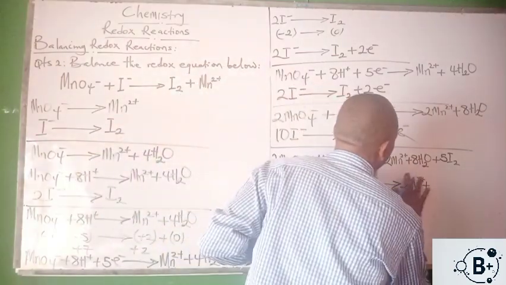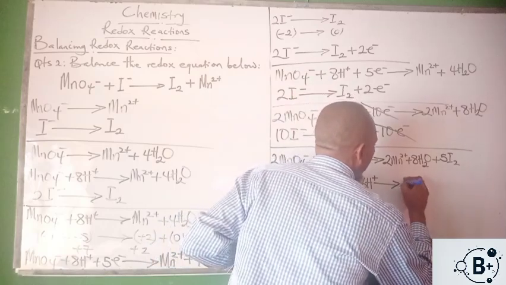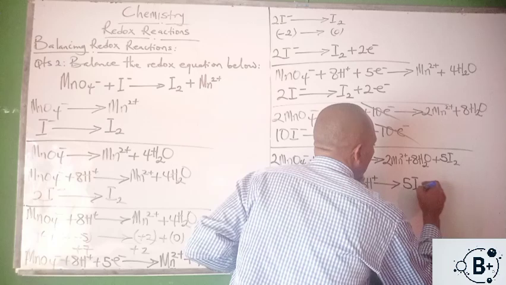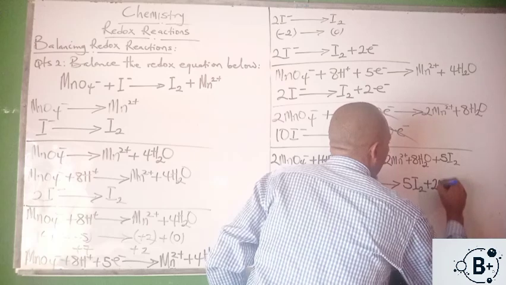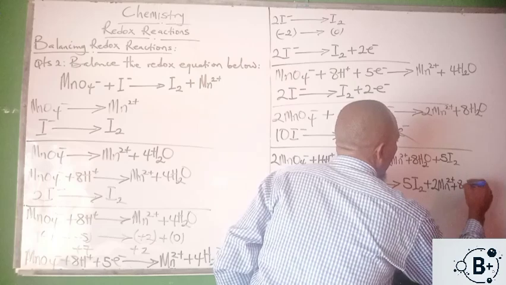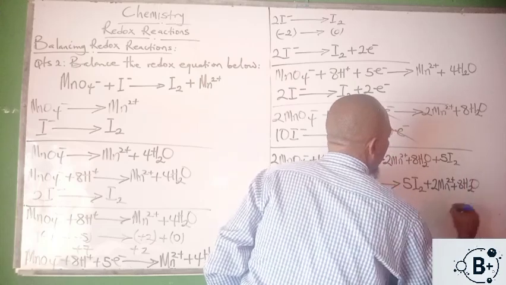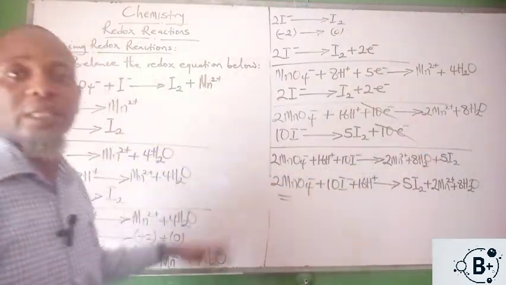No, sorry, iodine first. Write iodine first on this side. So we write the 5I2 plus 2Mn2 plus 8H2O. So this is the correct one now.